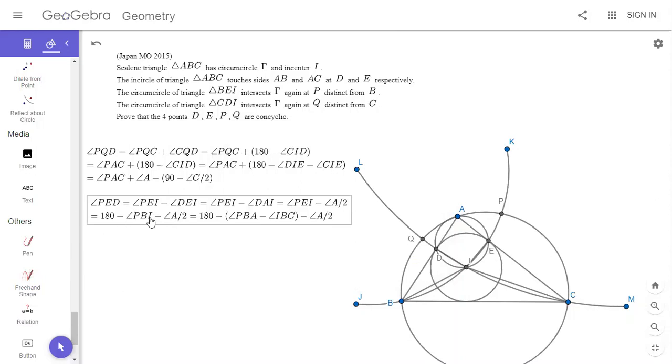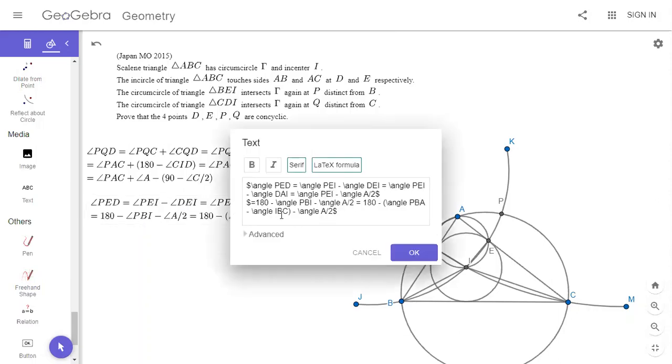And PBA is, or wait a sec. No, that's PBC. What am I doing? PEI. PBI is PBC minus IBC.